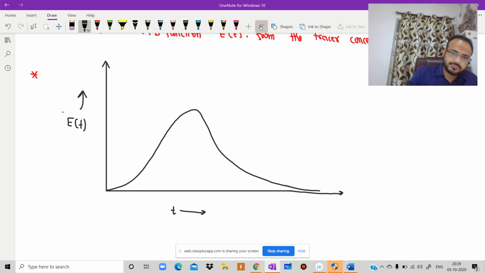This is the RTD curve, the RTD or E curve.